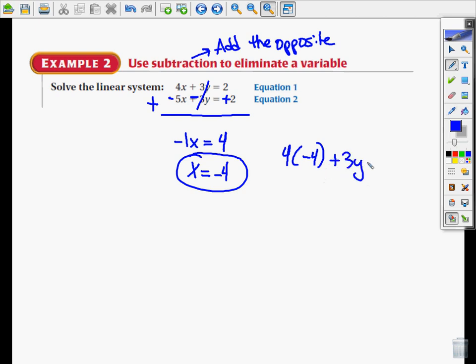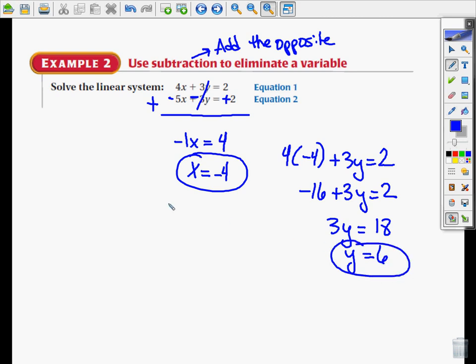Negative 4 times 4 is negative 16, plus 3y equals 2. Add 16 to both sides, so 3y equals 18. Divide by 3 and y equals 6. So the ordered pair is (negative 4, 6).